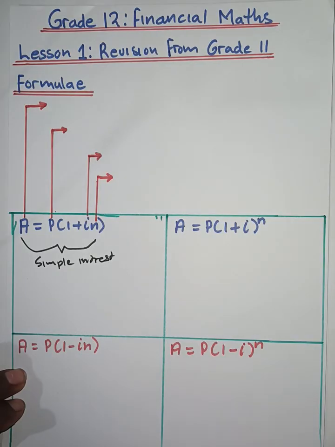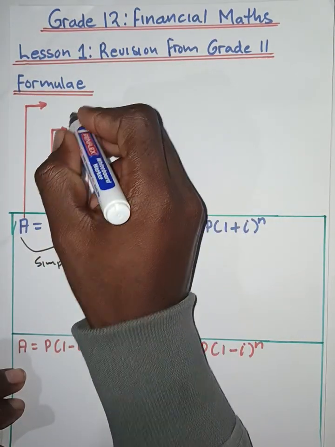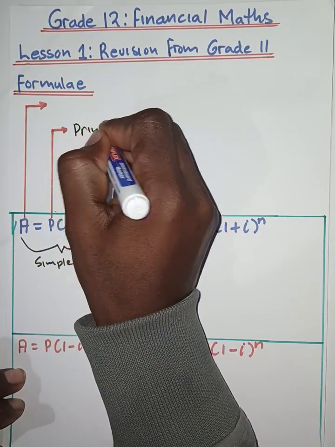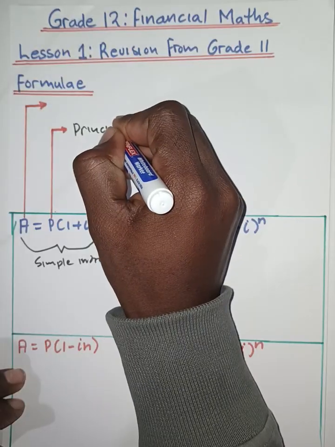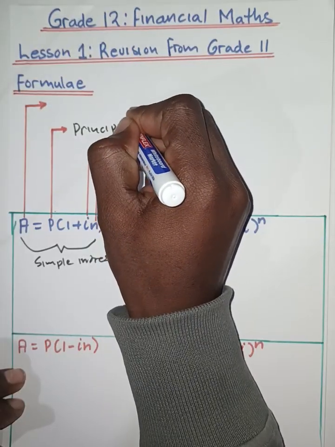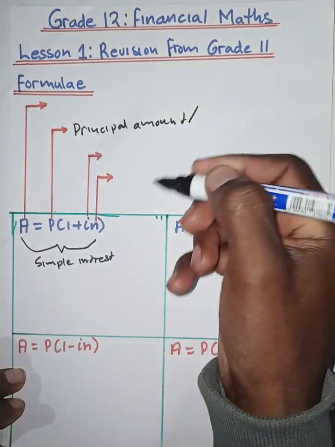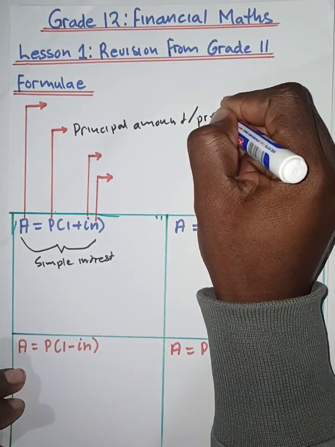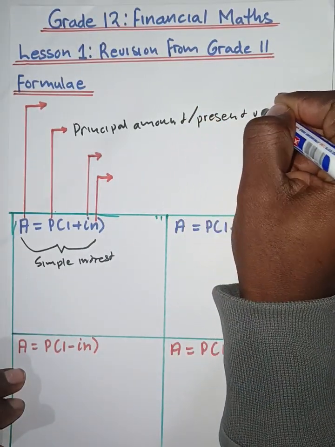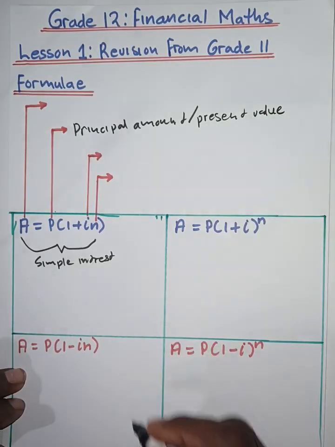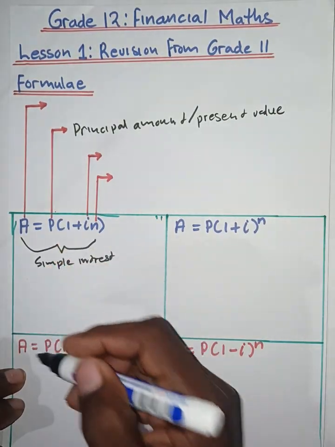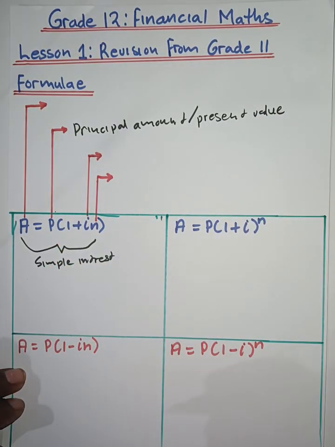where, by the way, P stands for the principal amount, or you can also call it the present value. So this is the amount that you invest, the money you invest initially.